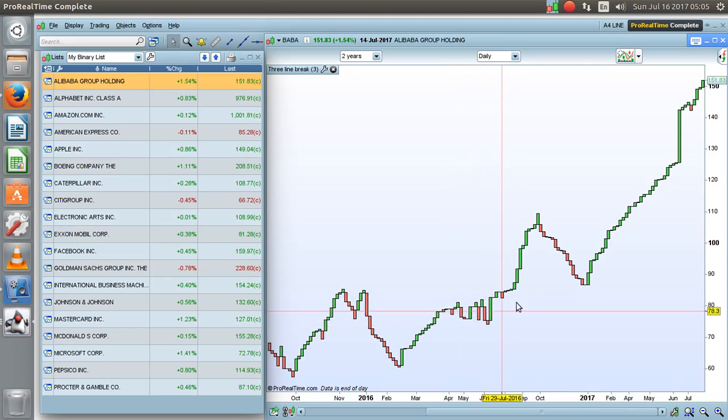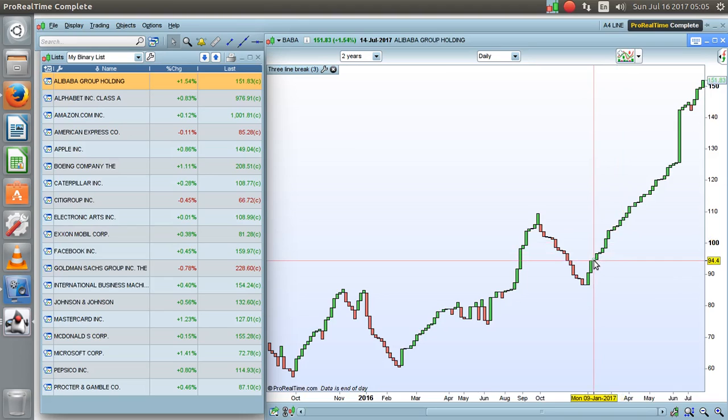But let's fast forward over to say January 5th or even the 9th of January 2017. If you bought here and you were just trailing your stop loss 3 bars behind or even 4 bars behind, you could have bought at, let's just say 95.